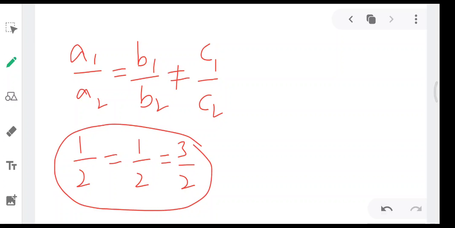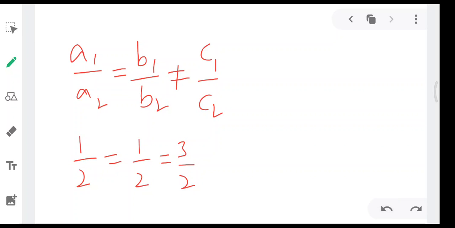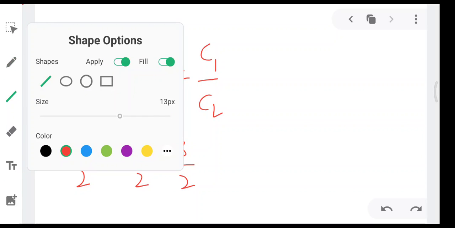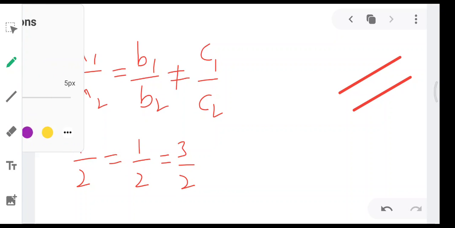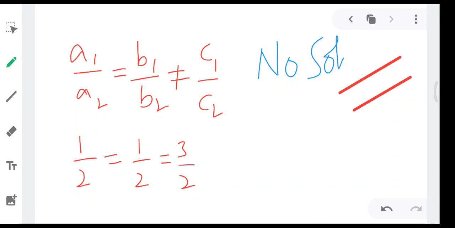These values we get from the equations. If this condition exists, then the lines are parallel. The graph of this type of equations will have parallel lines, and there is no solution, because the lines are not meeting anywhere.